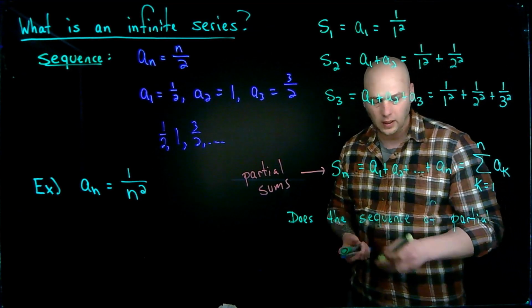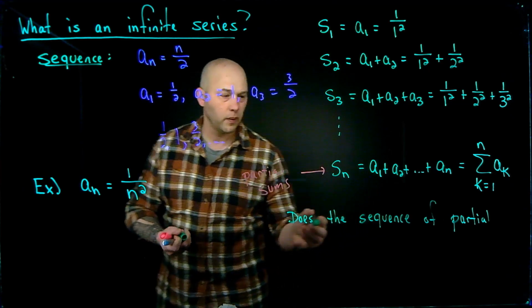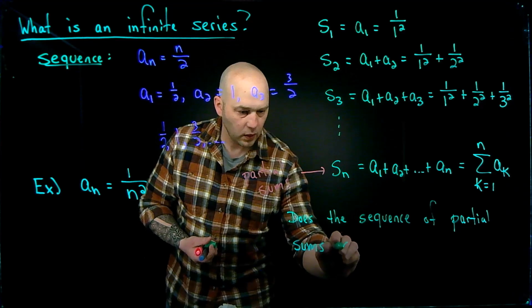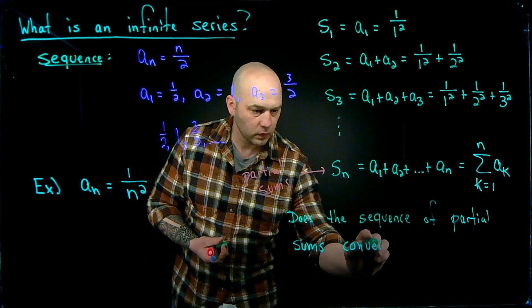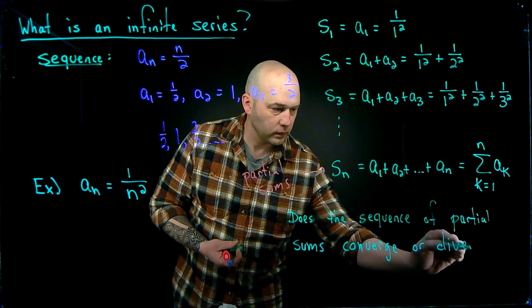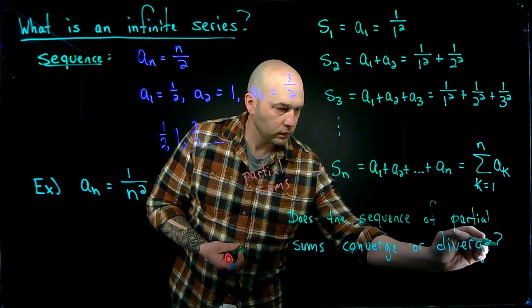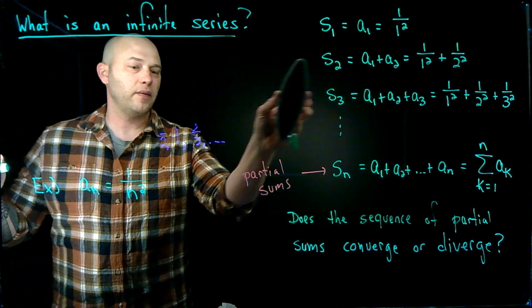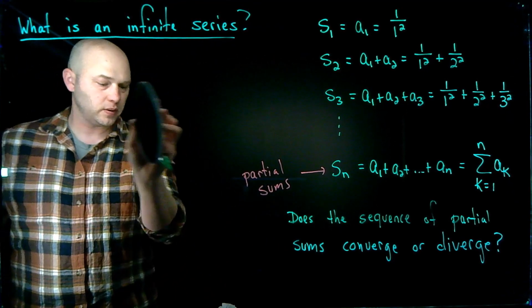That one looks like it's getting kind of light, so let me try to switch to a different marker here. Does the sequence of partial sums converge or diverge? Okay. So that's a basic question that we ask whenever we have a sequence, is does it converge or diverge?